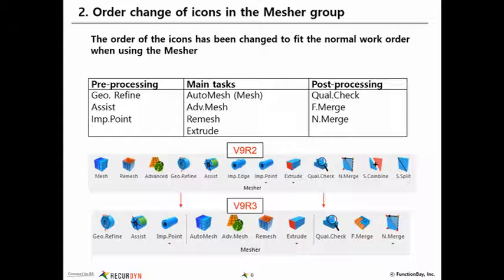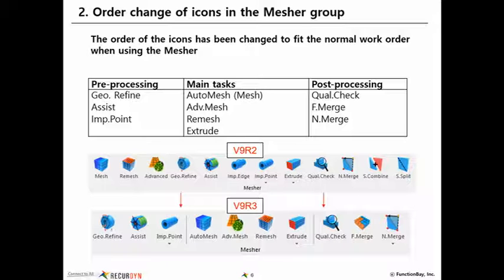The order of the icons has been changed to fit the normal work order. In V9R2, it was a little bit of a random inclusion of these icons, and in V9R3, the way that you'd want to look at this is from left to right, and typically that follows the order of what you do when you're going through a mesh.